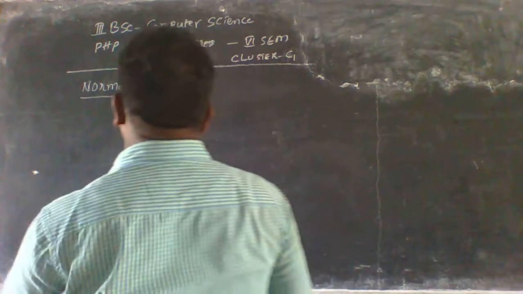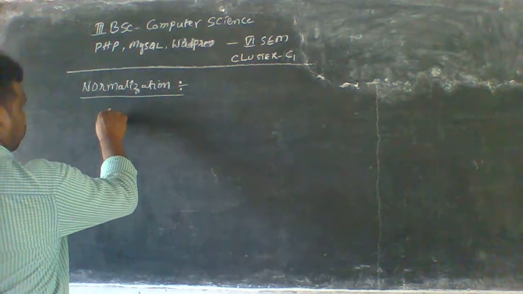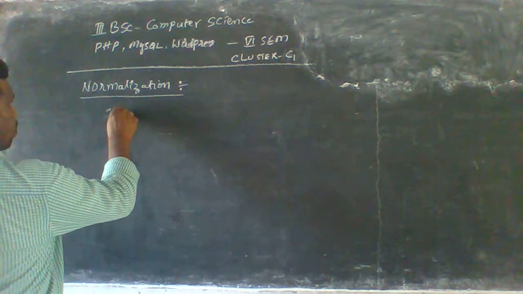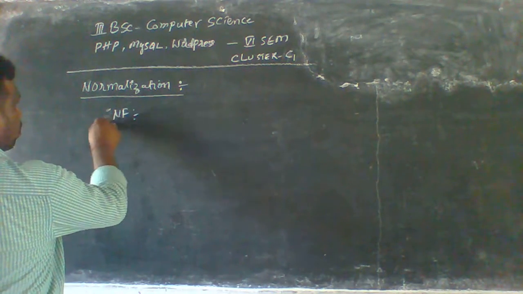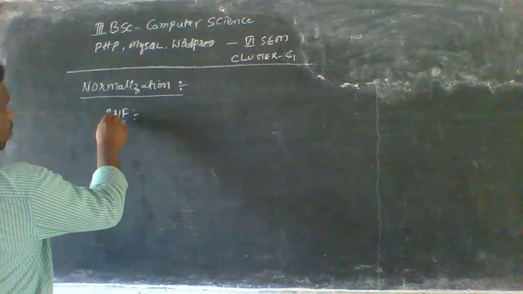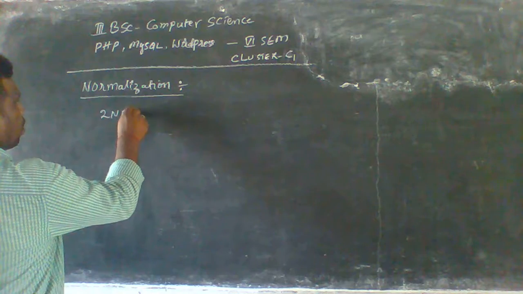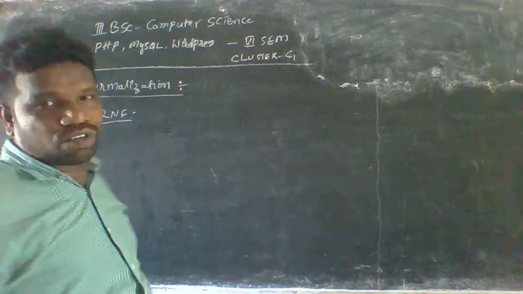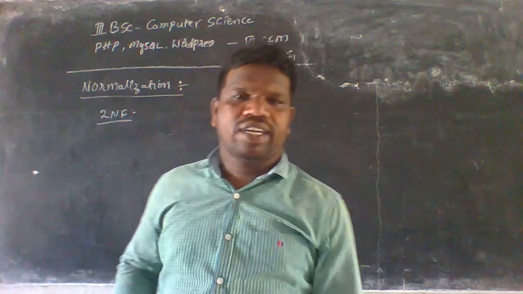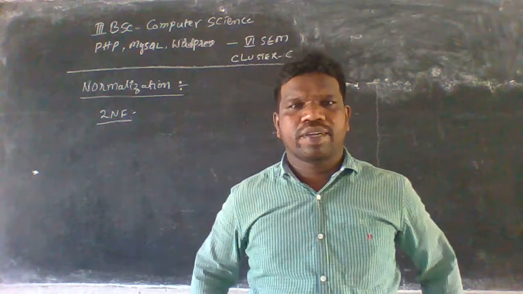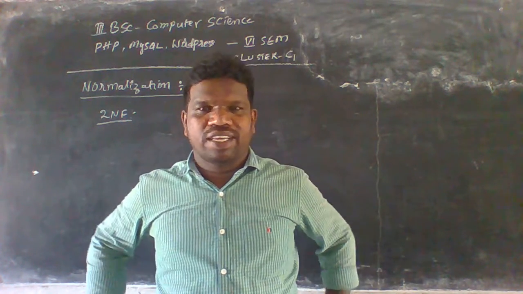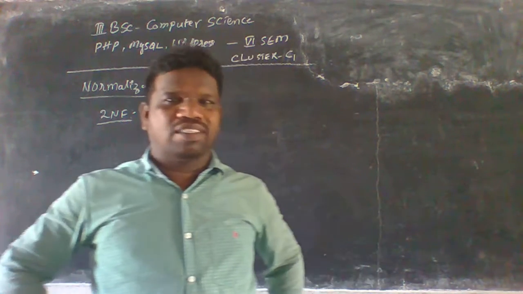The second table is called the 2NF. So what is 2NF here? 2NF means second normal form, and what is the purpose of the second normal form?